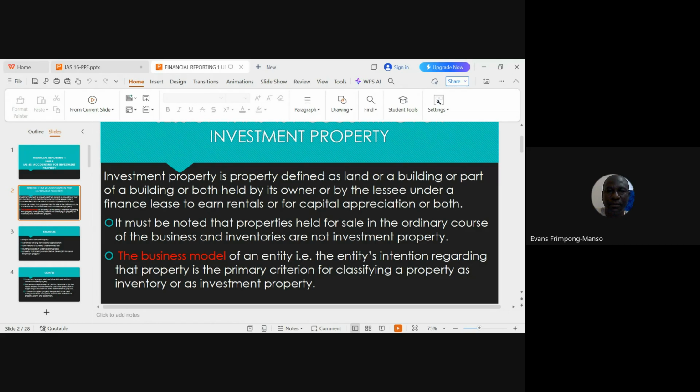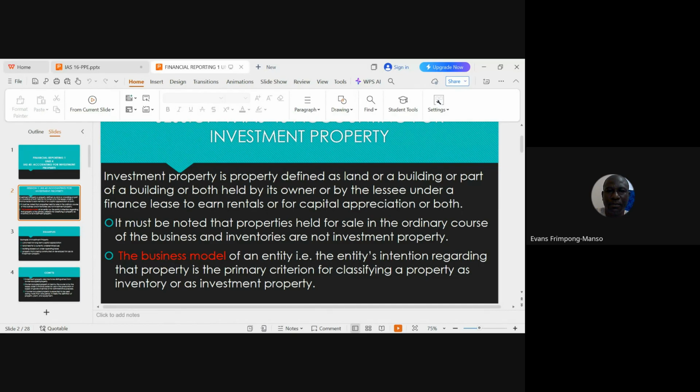So before you can say that this is an investment property, the entity's intention regarding that property is very, very important. So we call that the business model. That is, the entity's intention regarding that property is the primary criterion for classifying a property as inventory or as investment property.